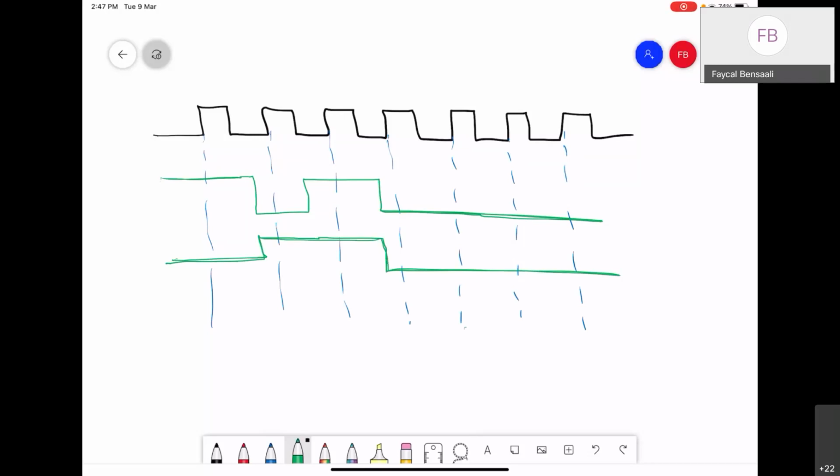So this is clock, this is J, this is K, and then we need to find the output Q. Of course, you can do Q bar as well if you want. We always talk about Q, but Q bar is the opposite of Q. Assuming that it starts with 0, this means Q bar starts with 1, because it's the opposite.